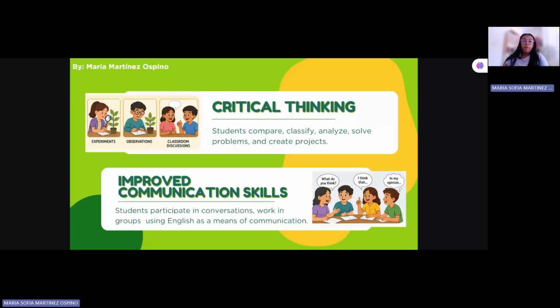Students learn from one another through pair work, group discussions, and cooperative activities. For these reasons, we recommend using this method in our classrooms because it creates engaging lessons where language learning becomes natural and meaningful. And that's all.